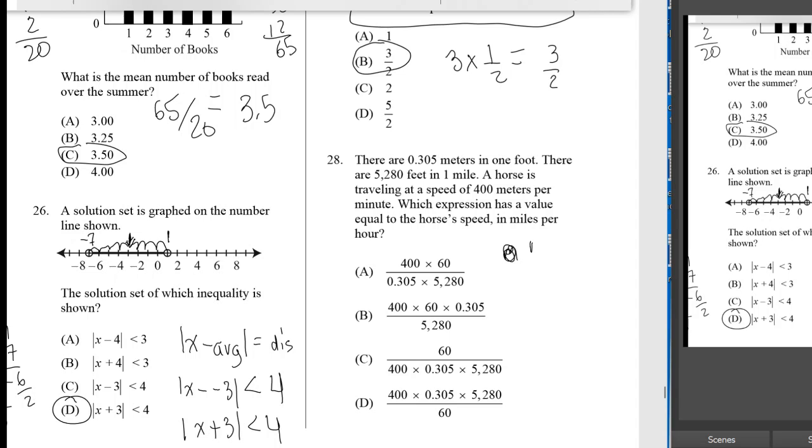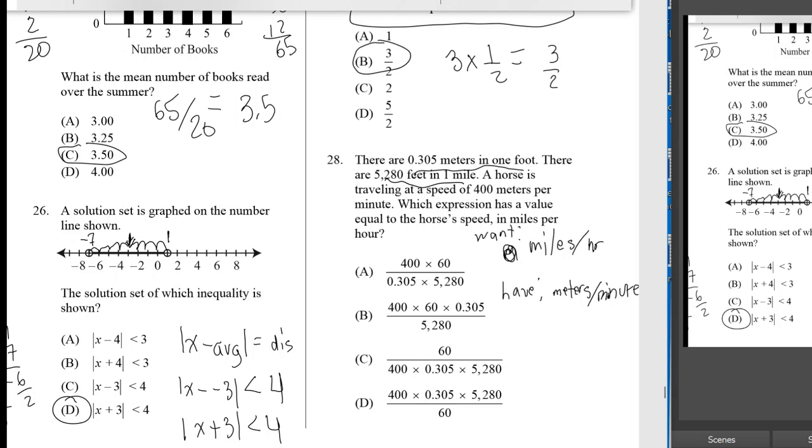This is what I want, and what I have is meters per minute. So what I have versus what I want. Oh no, I have meters per minute. And eventually I'm going to have to use these things, the feet per mile, and this part.